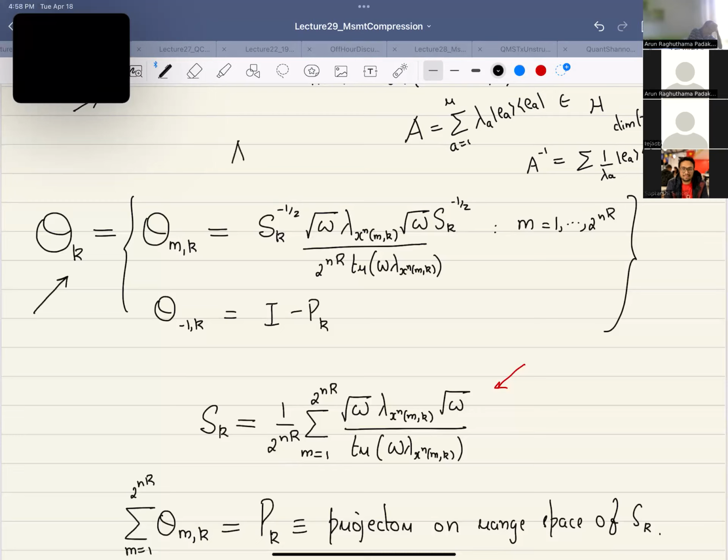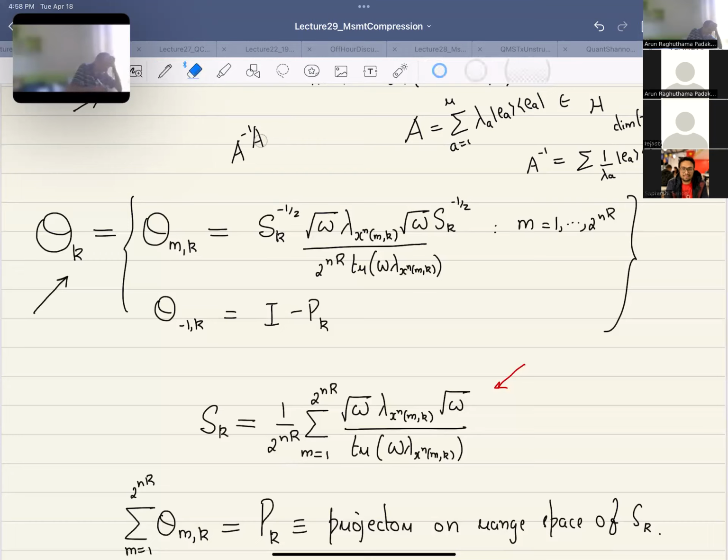So that's why A inverse A is the projection on the space of A. That's why you need an additional operator to fill it up. But anyway, essentially what we will show is that sk is full, so in high probability it's not going to matter. But just for completeness, you need to put this.